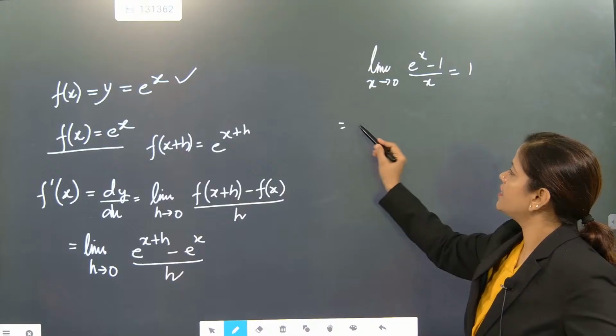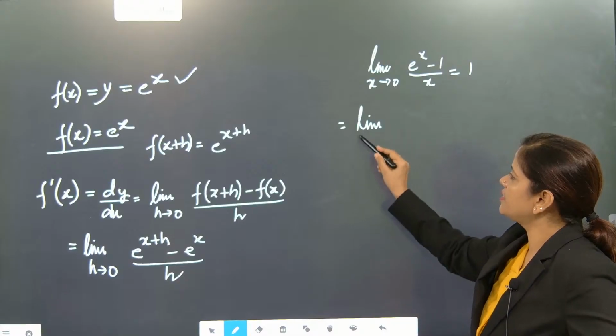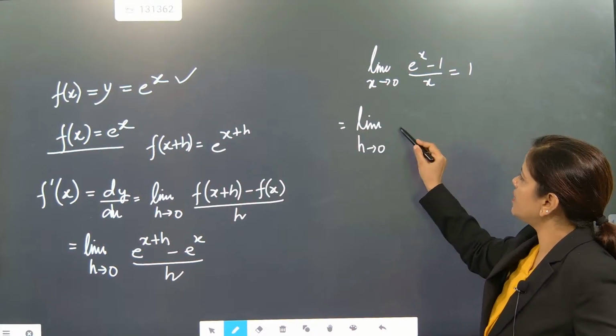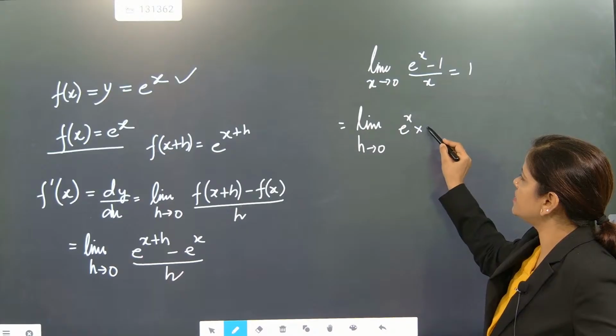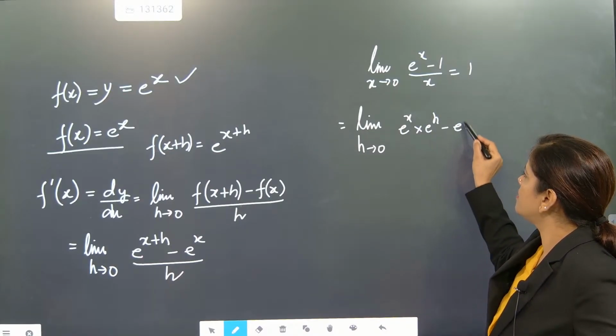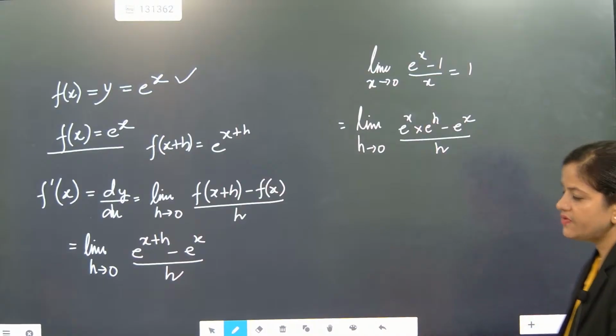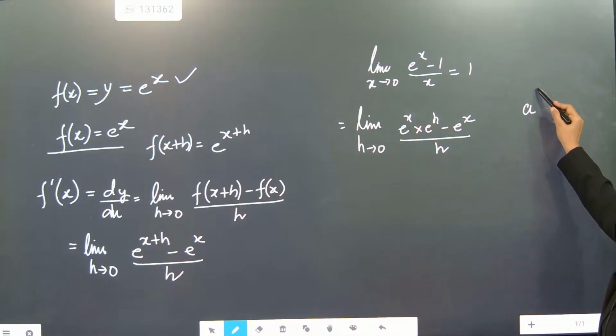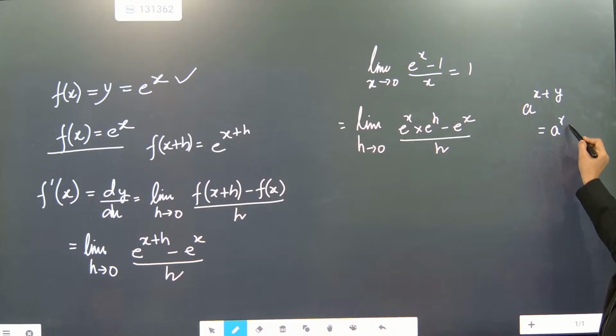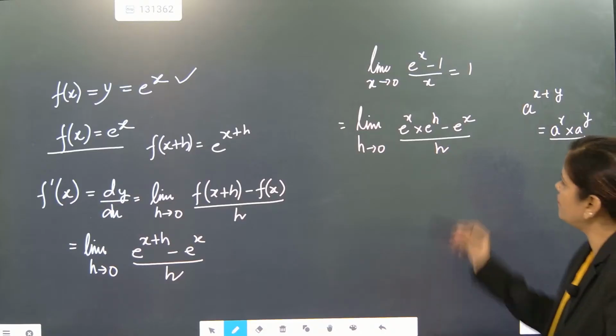Here we can write e to the power x into e to the power h minus e to the power x, by h. Beta, why have I done like that? Because if a to the power x plus y is there, we can write a to the power x into a to the power y. Same base, powers are added. Understood? So we did it like this.